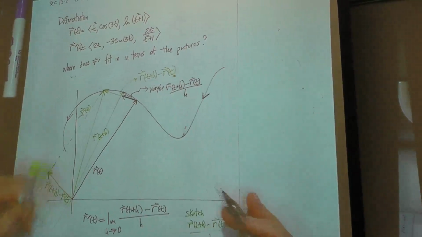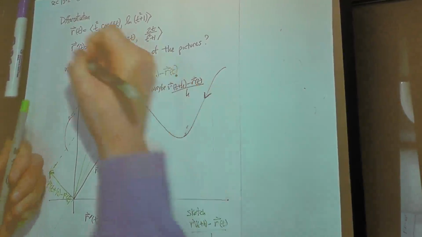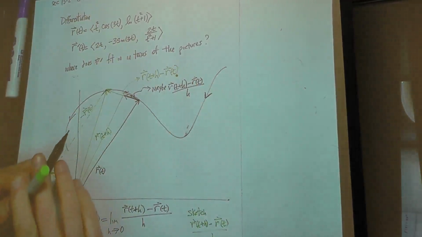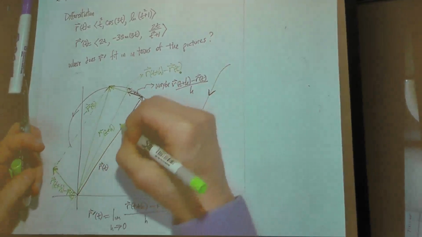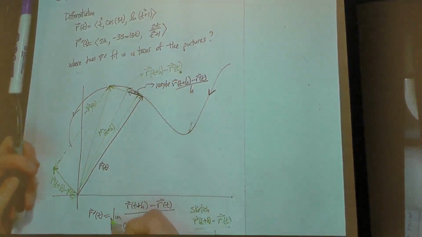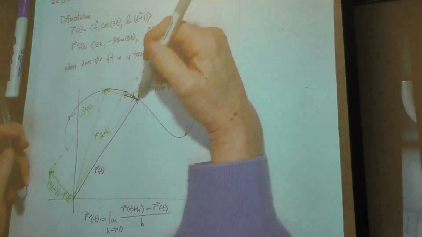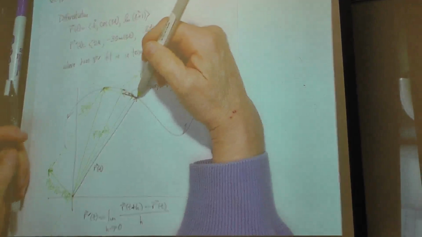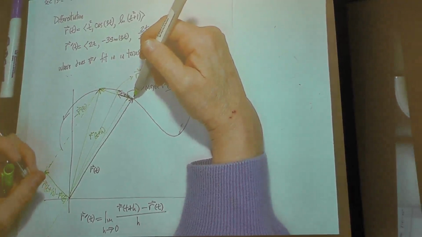And then divide it by h, and maybe it shrinks in, maybe it expands. Let h get smaller still. And basically what's going to happen is the direction of this difference quotient becomes tangent.